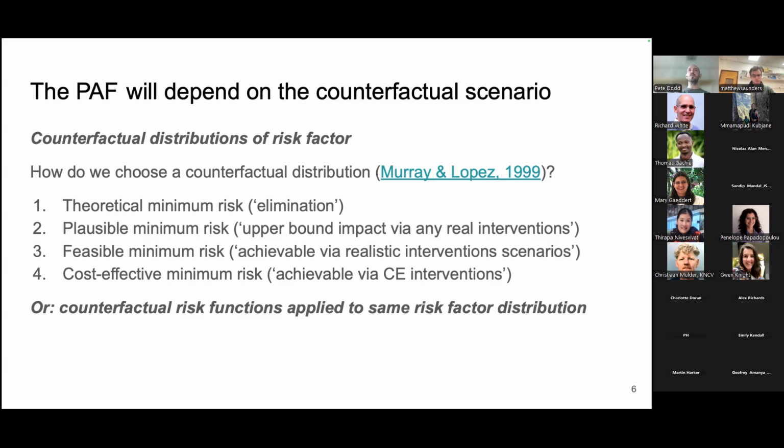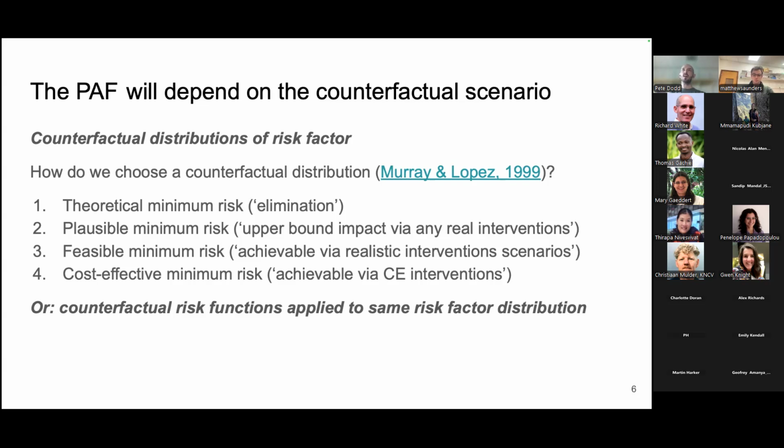So they talk about different ways you can motivate constructions of counterfactuals in order to define PAFs. And they're really thinking about continuous risk factors, although, as I say, I think this goes a bit beyond that. So their category 1 counterfactual, they call a theoretical minimum risk. So that's the equivalent of setting P equals 0 or eliminating the risk factor.